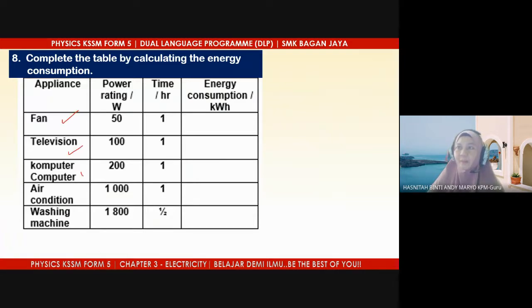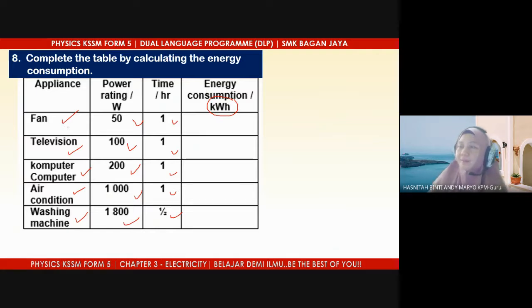Okay, we have general electrical appliances at home: fan, television, computer, air conditioning and washing machine. This is the power rating for each appliance. So I hope now you are clear what is meant by power rating, and this is the time of operation for each. We want to find the energy consumption for each in units of kilowatt hour. Please calculate this one.